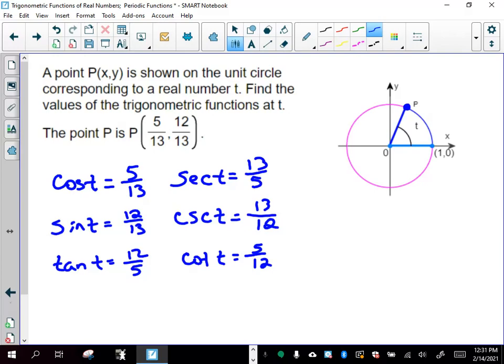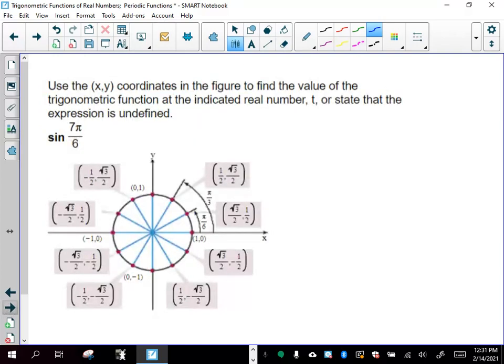Okay. Let's look at a different one. This is a form of a unit circle. Use the xy coordinates in the figure to find the value of the trigonometric function at the indicated real number t, or state that the expression is undefined. So it's one or the other. What we're looking at here is sine of 7 pi over 6.